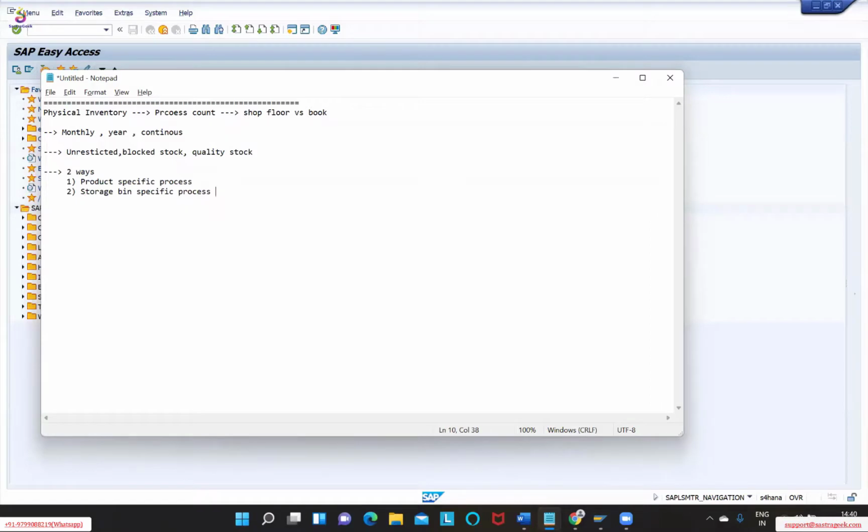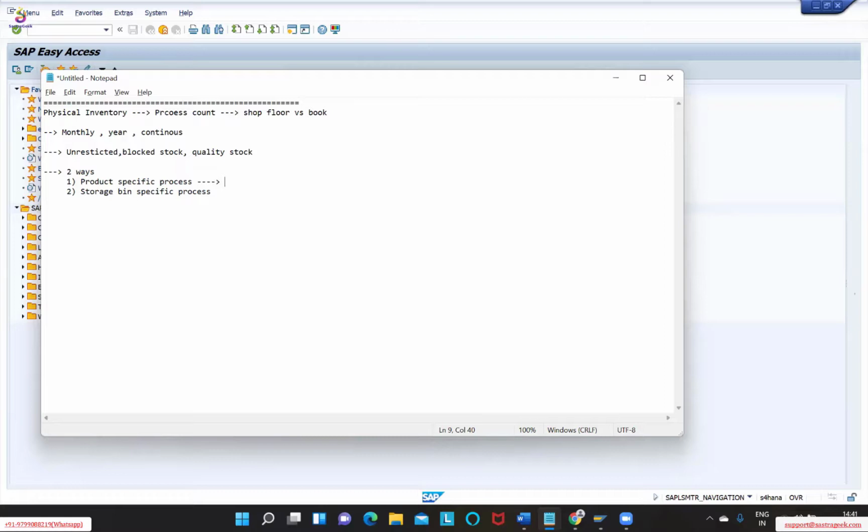So these are the two methods we normally perform. The significance is this: when it is product specific, irrespective of whichever bin the product has been placed in, it doesn't matter to us.